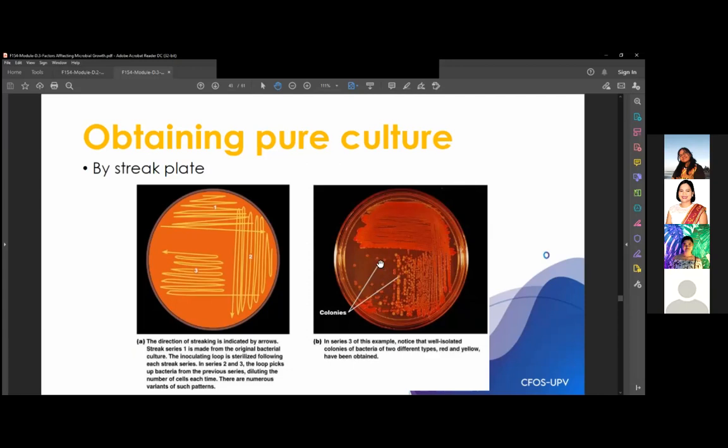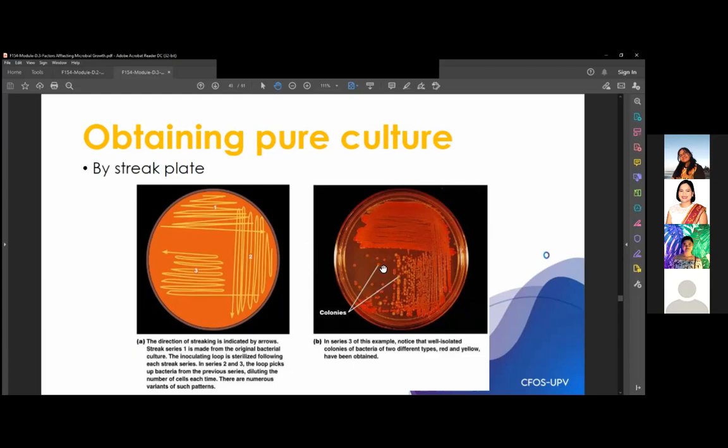All right. So you take that single colony, transfer it to a sterile plate, and then you do the spread plate again or the streaking until you come up with a single colony again, and you do it several times until you see uniform colonies.